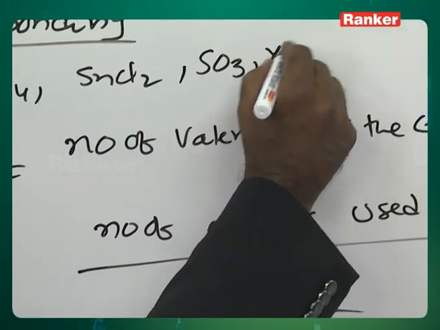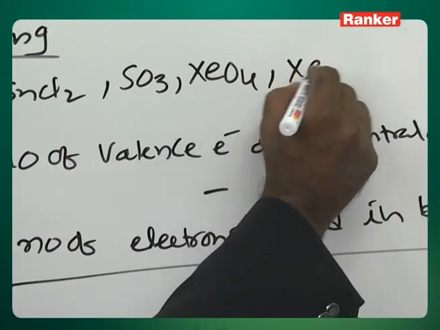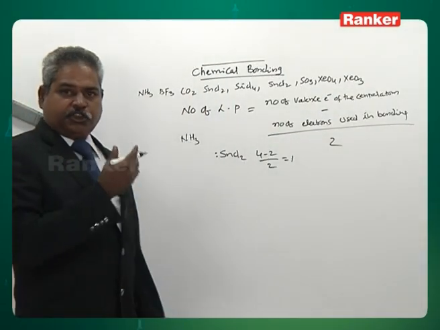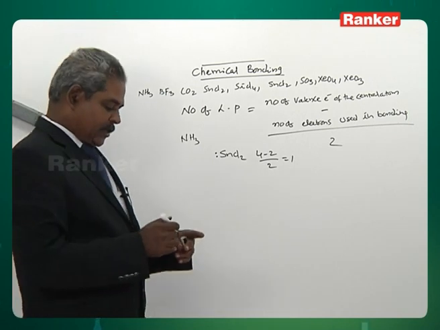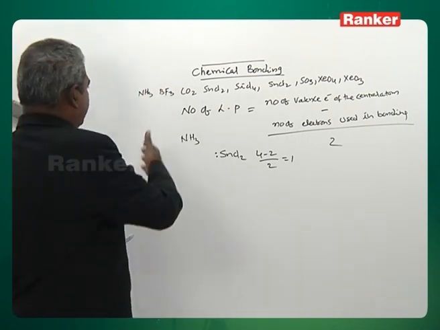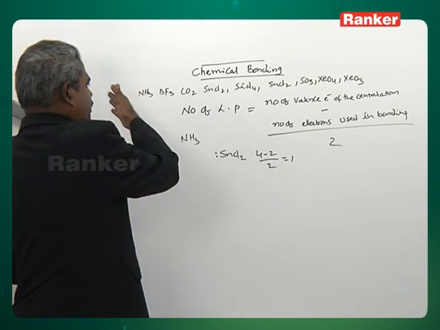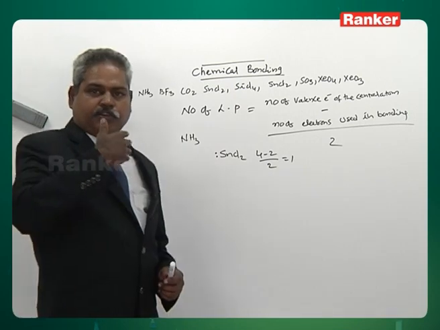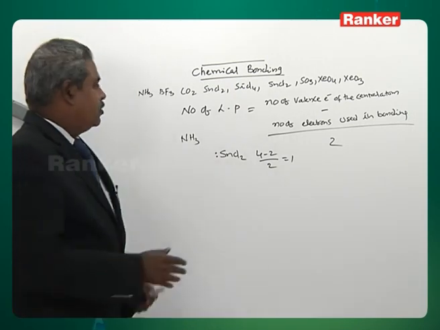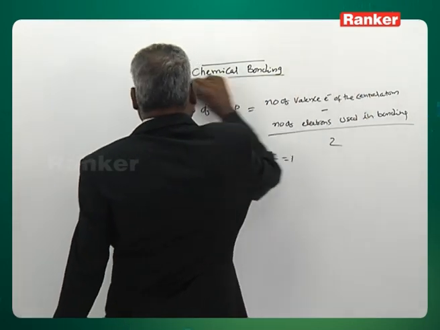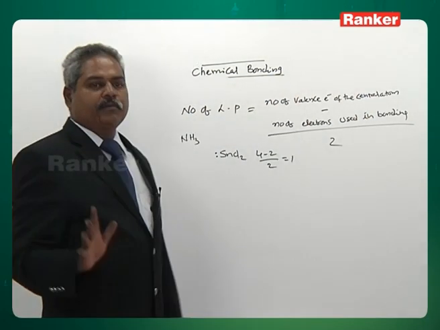SO3, XeO4, XeO3, XeF2. So, some 60 molecules are there in our syllabus. What you should do is find their hybridization, the shape of all of them, the number of lone pairs in all of them, the number of sigma bonds in all of them. So roughly 60 molecules into 10 questions, 600 questions will be covered on a sheet of paper.